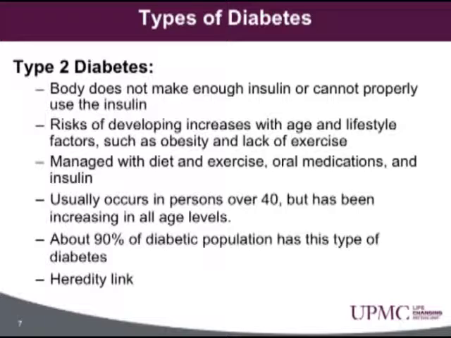It usually occurs in people over 40, but we are seeing it in younger populations as well. About 90% of the diabetic population has this type of diabetes. And with type 2 diabetes, we do see a hereditary link. So if you have a family member that has diabetes, the other family members are at risk.